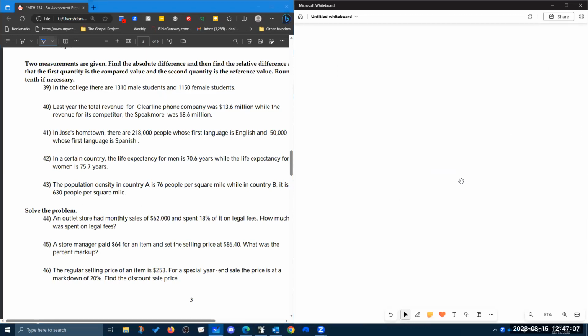All right. Last year, the total revenue for the Clearline Phone Company was $13.6 million, while the revenue for its competitor, Speakmore, was 8.6 million. So 13.6 million minus 8.6 million is a difference of exactly 5 million.